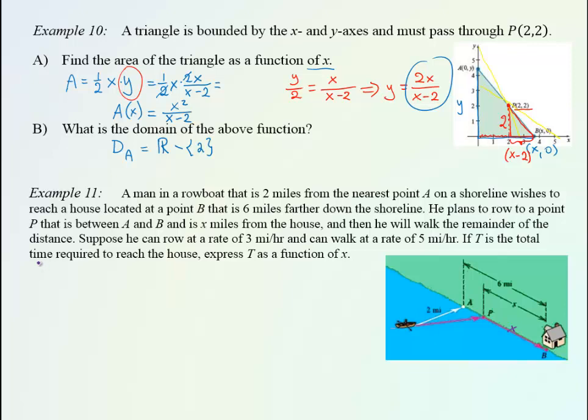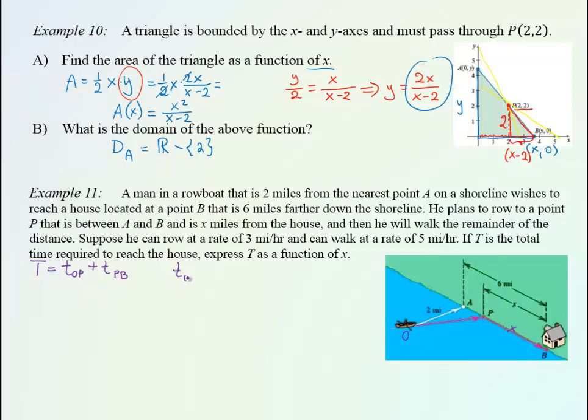Okay, so the t is the total time. This time is really the time needed to cover the distance from the boat to point P. Let's call the location of the boat O. So t is the time from O to P, and then we need to add the time needed to cover the distance from P to B. We also know the relation between rate, time and the distance.